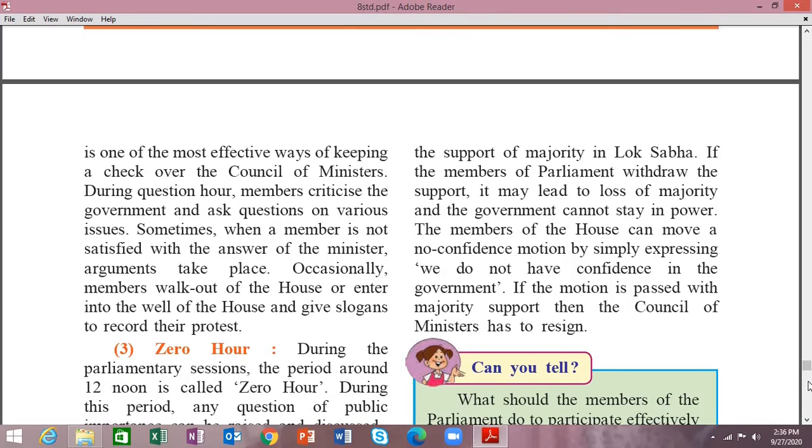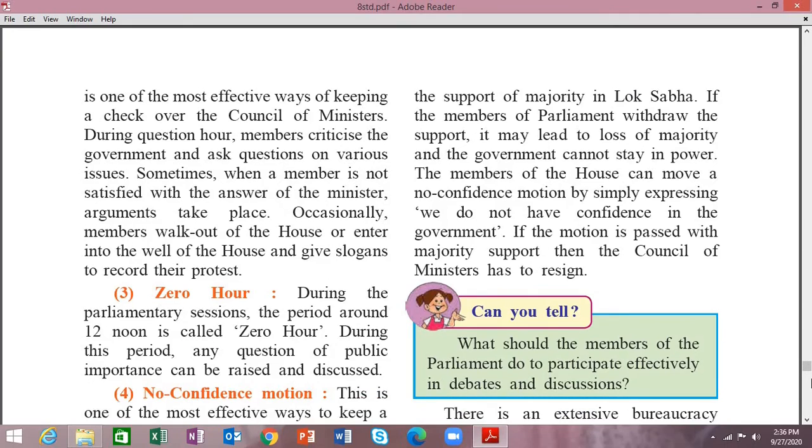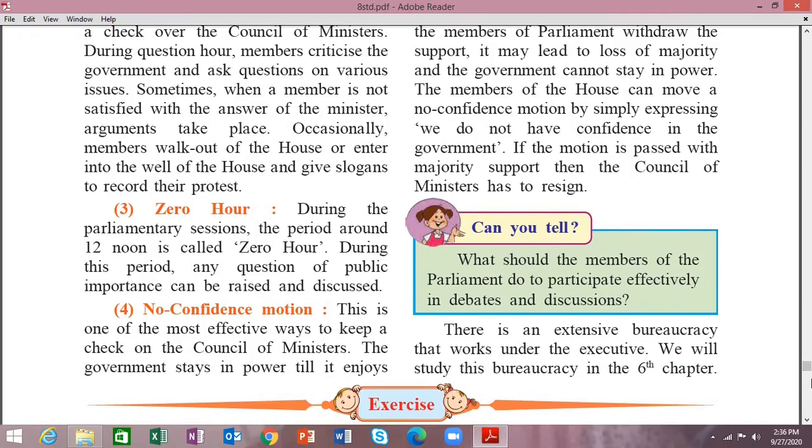Now, if the opposition is not convinced, they can walk out of the House, and they can walk out by saying slogans against the government. Then there is a session called Zero Hour.